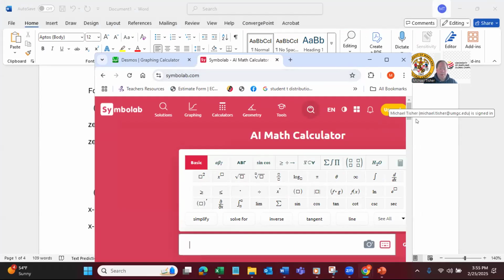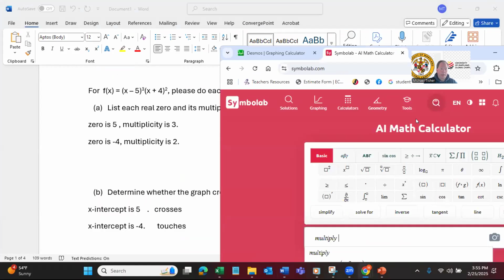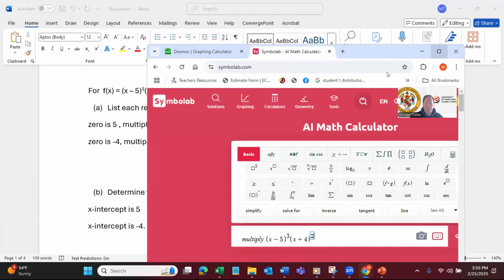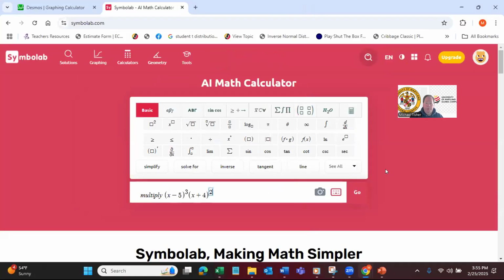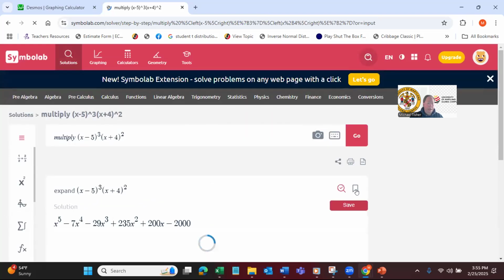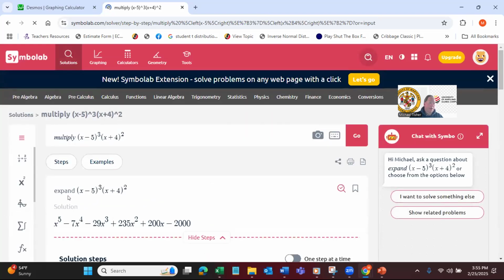All right, so we're going to enter multiply (x minus 5) to the 3 times (x plus 4) to the 2. And then we'll press go. And here it multiplies it for us. Or another thing that we can say is expand.